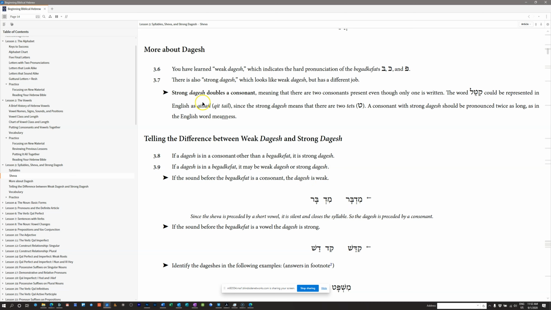So what comes before the first T is what you're asking here. Here, it's an I. Kit tail. Right? So it's still a vowel sound. This first tet doesn't come before the dagesh. It's with the dagesh. So that does not count as a consonant sound, making this, first of all, not a weak dagesh, because only the Begad Kafat letters are going to have a weak dagesh.